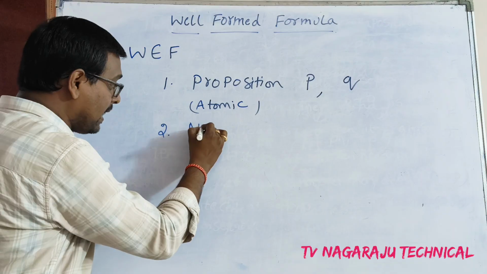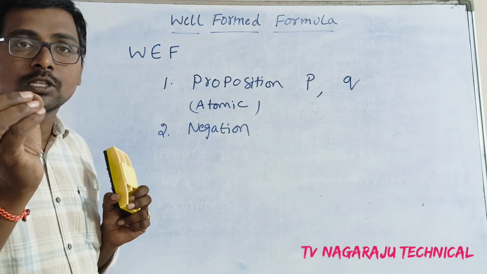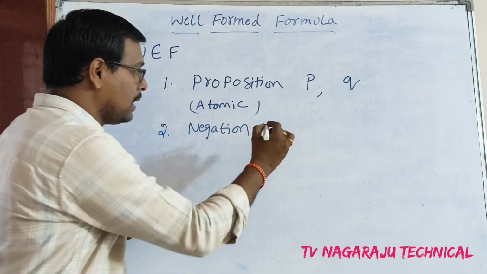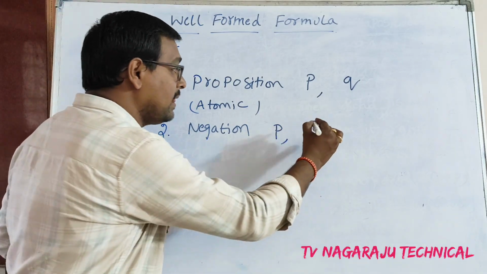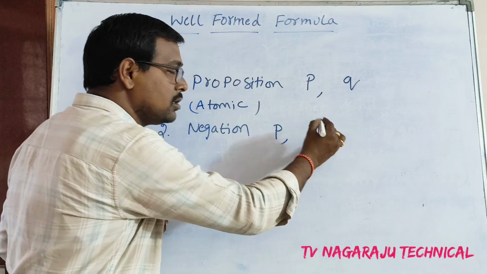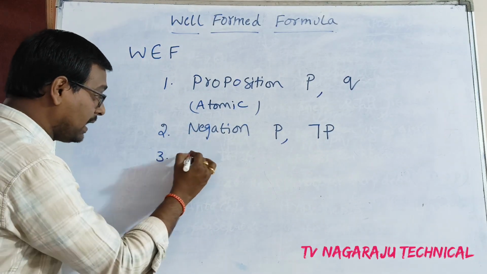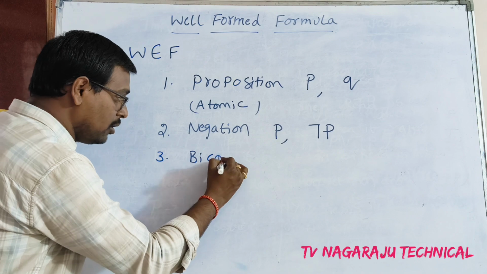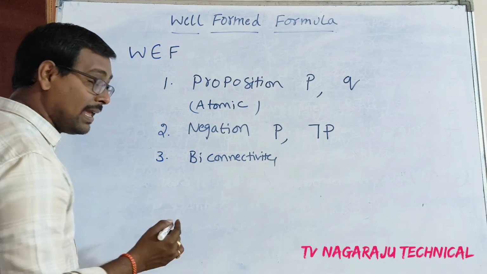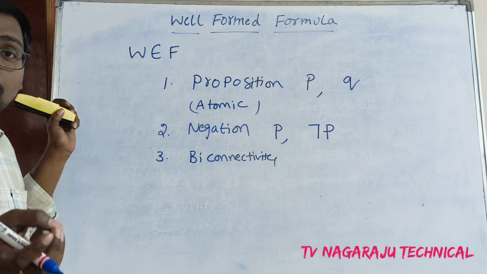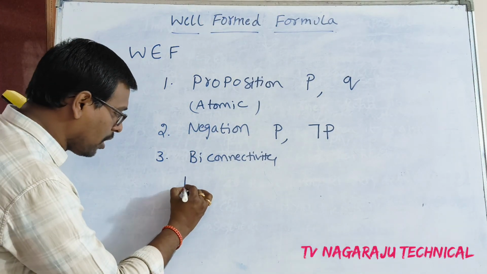Now, the negation of a proposition is also a well-formed formula. Suppose P is a well-formed formula, then the negation of P is also a well-formed formula. Now, connectives. Suppose we are using binary connectives like and, or, not, negation, XOR, all those are well-formed formulas.